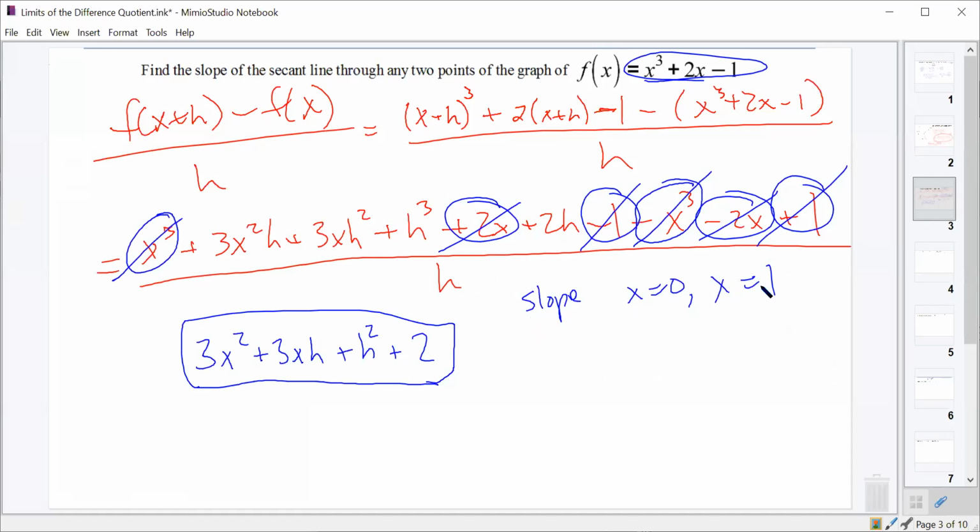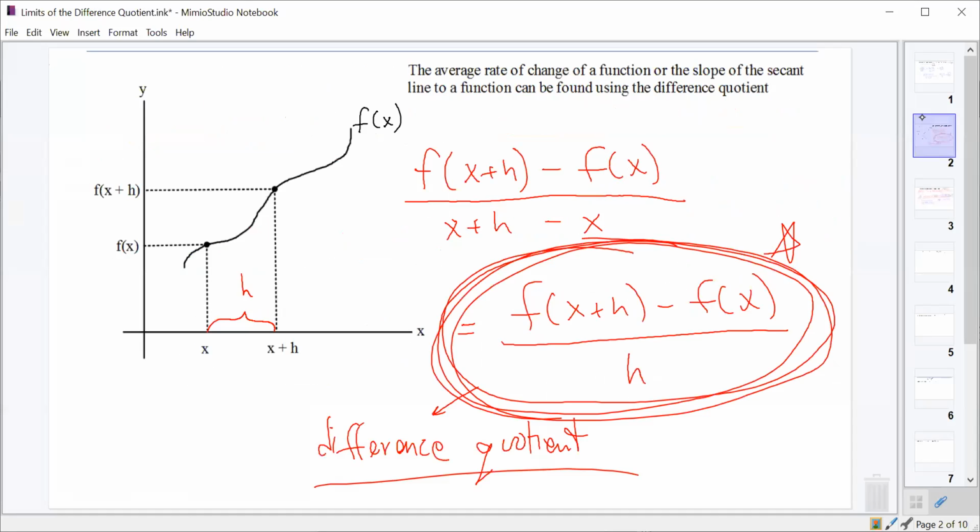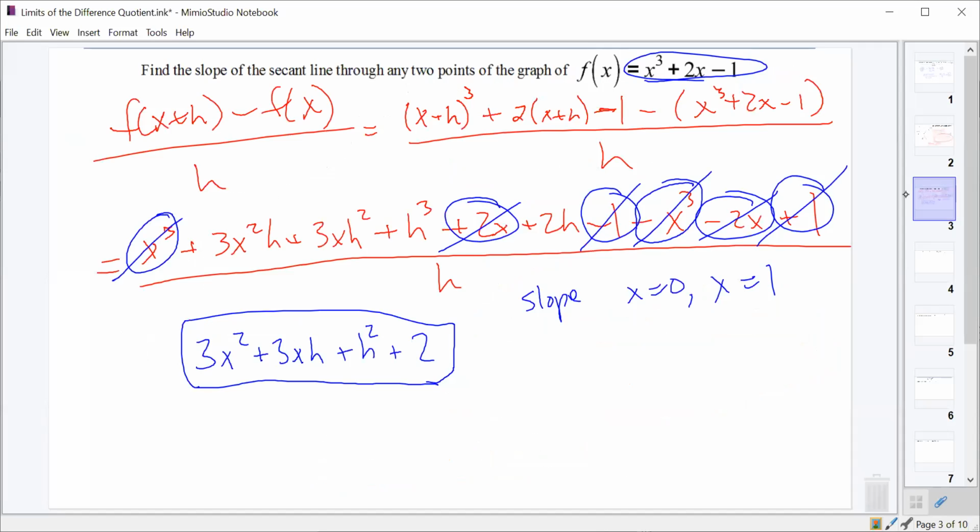So first off, if we think back to our picture that we had drawn back here, the x value that we start at for our particular problem now is 0, right? And the x plus h, remember the h is the distance between them. So the distance between 0 and 1 is 1. So we got x equals 0 with h equal to 1.